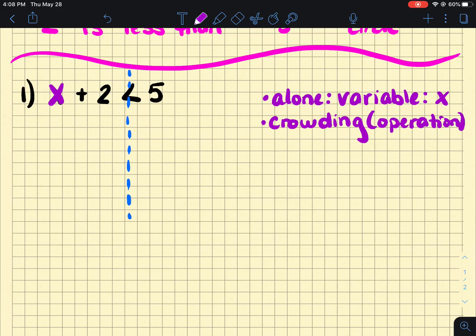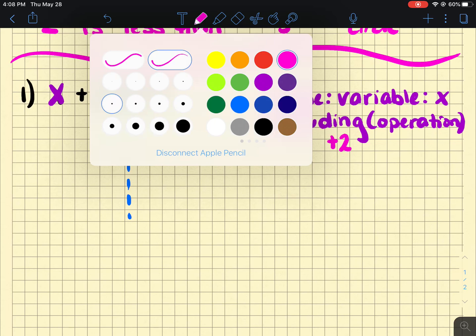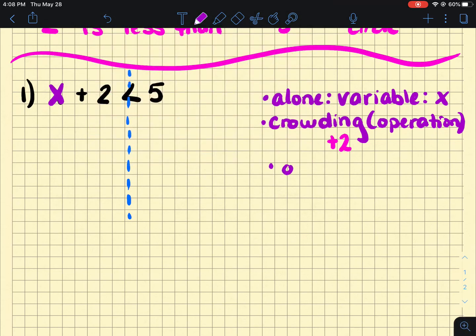And so we know in this case, the operation is plus 2. So we need to do the opposite. So we're going to take away 2 from both sides. Again, both sides, because we have to keep a balance. Otherwise, we've broken the rules of algebra. We'll get the wrong answer. So we're going to subtract 2 from both sides.